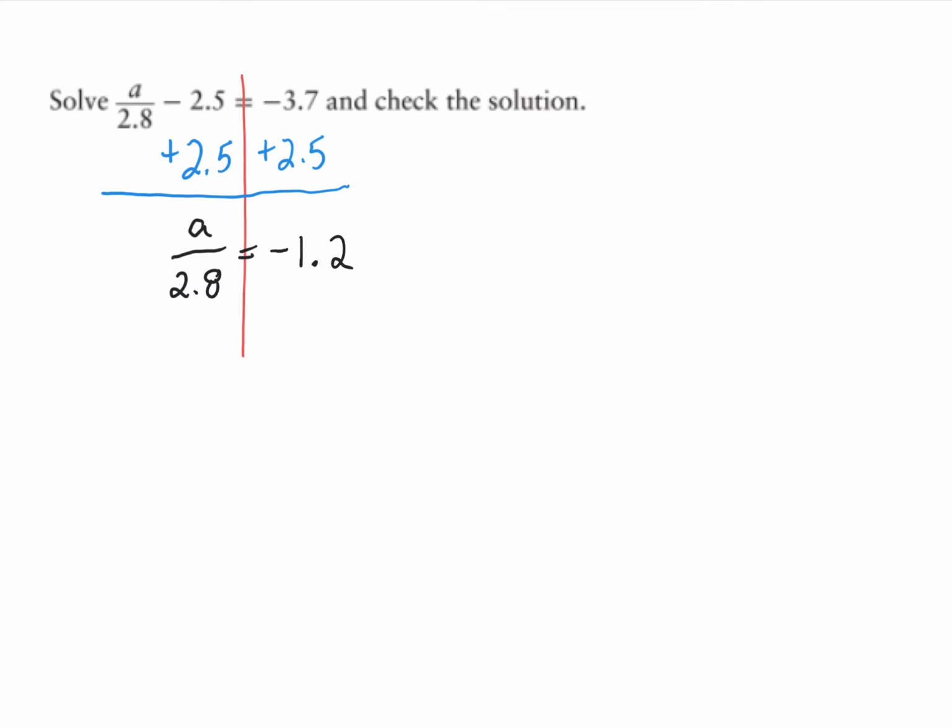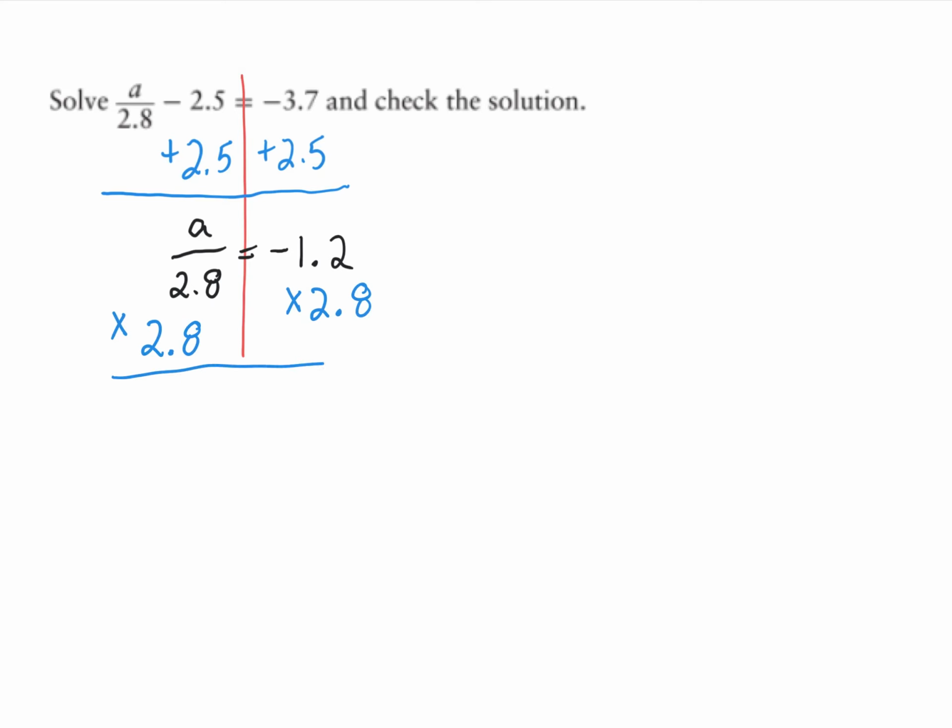All right. Next step. This is a divided by 2.8. To cancel division, we multiply both sides. So I'm going to multiply both sides by 2.8, times 2.8 over here.